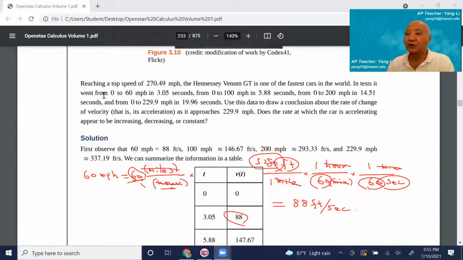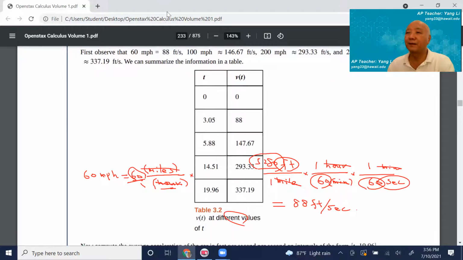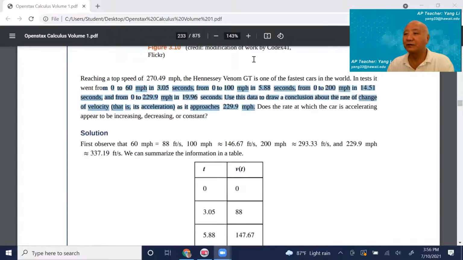So we can change all this data from here to here and transfer it to this table. Now what we need to find is the rate at which the car is accelerating, whether it appears to be increasing, decreasing, or constant.